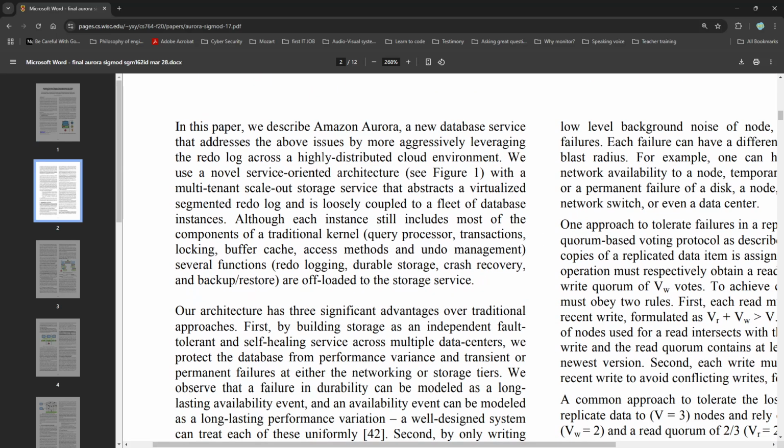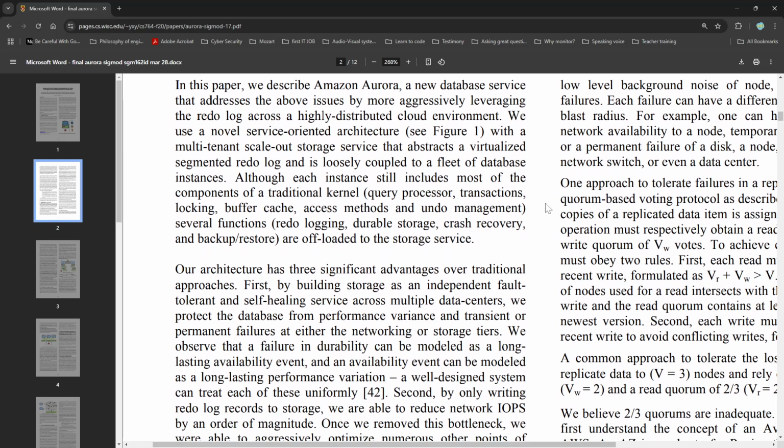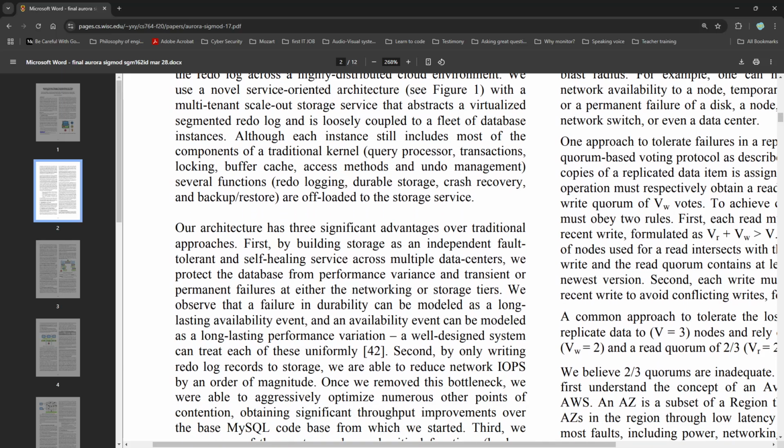In this paper, we describe Amazon Aurora, a new database service that addresses the above issues by more aggressively leveraging the redo log across a highly distributed cloud environment. We use a novel service-oriented architecture with a multi-tenant scale-out storage service that abstracts a virtualized segmented redo log and is loosely coupled to a fleet of database instances.